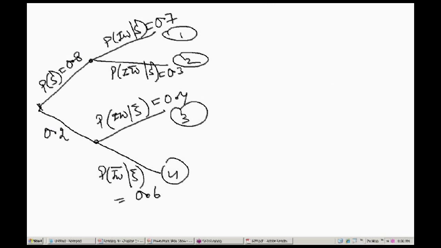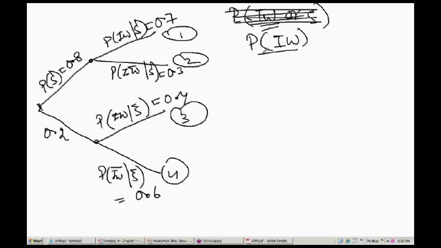Now I ask one question to you. What is the probability that India will win or Sachin will play? Before that, I want to ask you one probability: what is the probability that India will win?